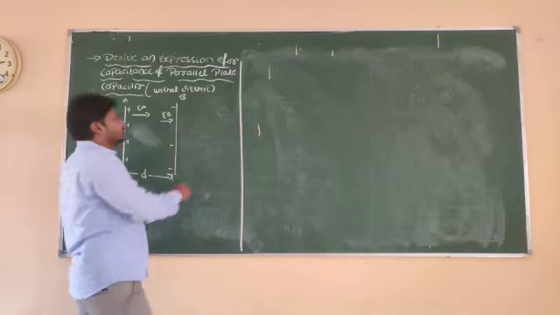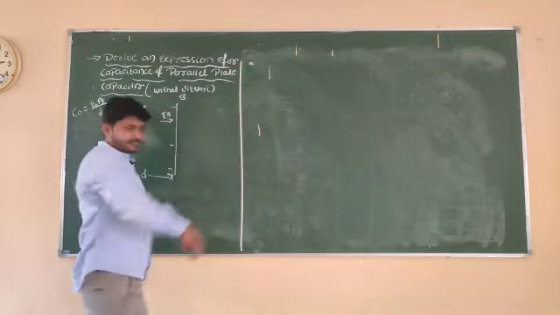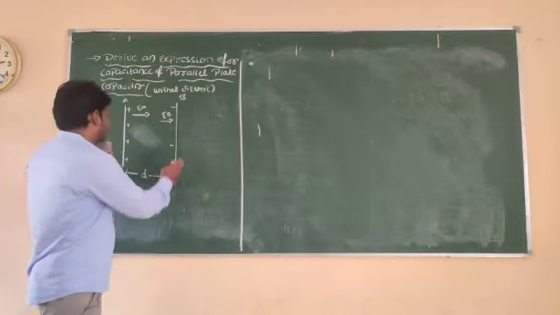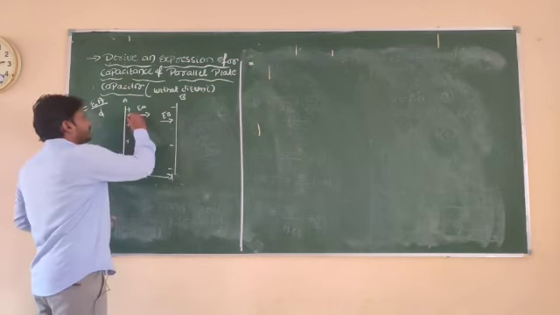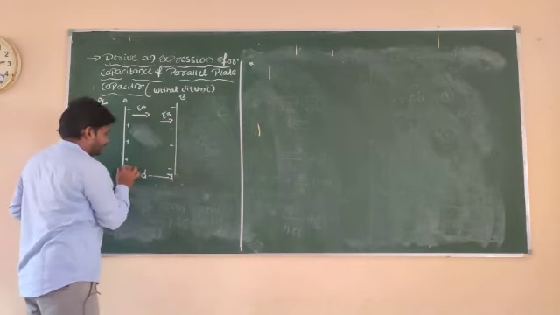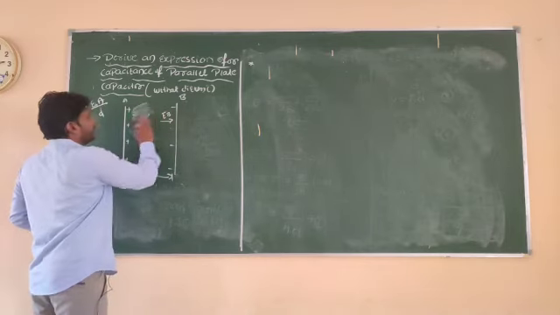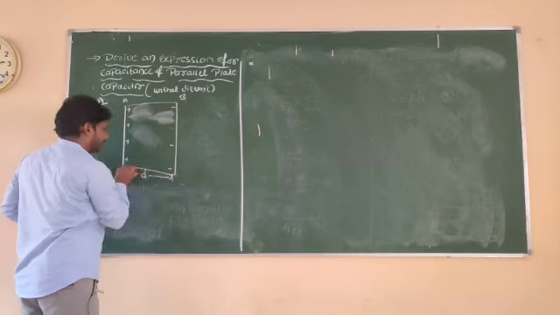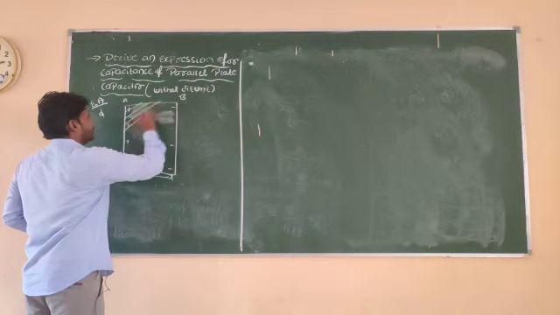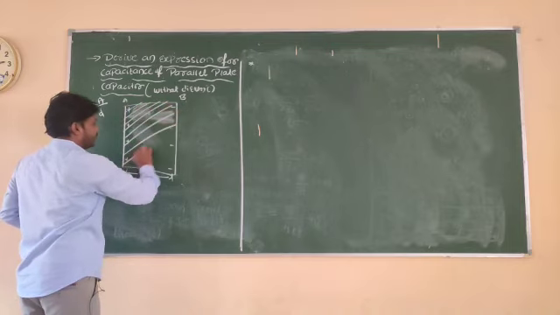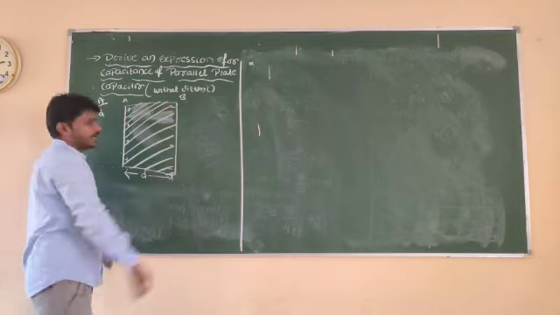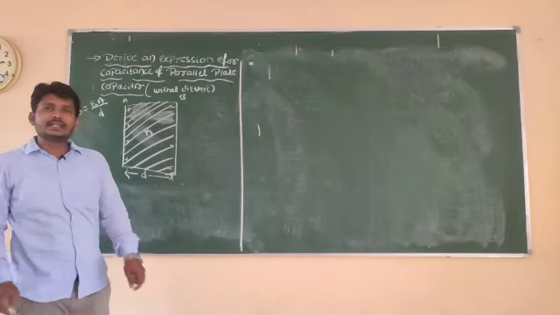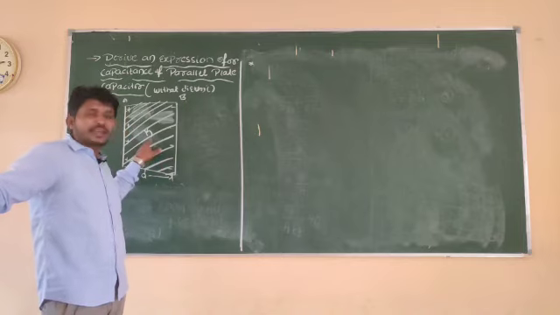So remember, for example between plate A and plate B, I am placing a dielectric medium, so the entire space is filled with the dielectric medium. That dielectric constant I will name K here.